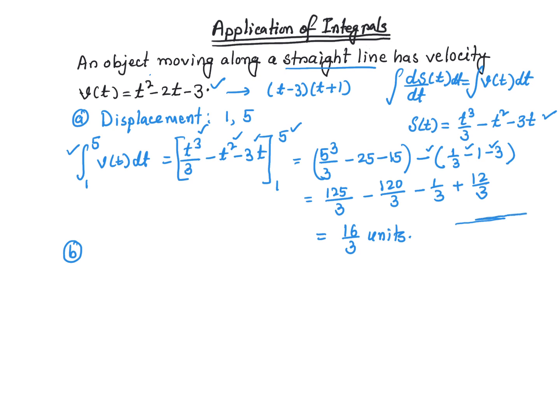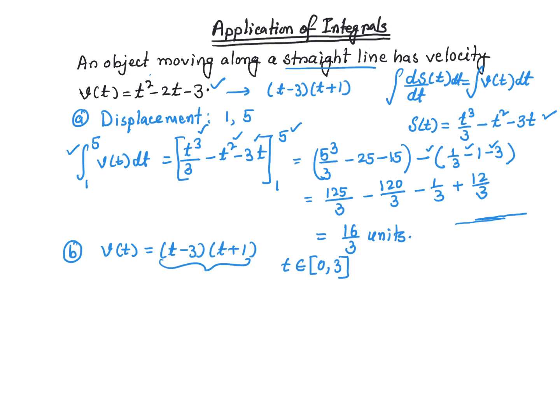So we want to find the total distance traveled. For that, we have to look at v of t slightly differently. v of t is equal to (t minus 3) times (t plus 1). These two factors give a negative number when t is between 0 and 3. If t is an element of (0, 3), then v is negative.